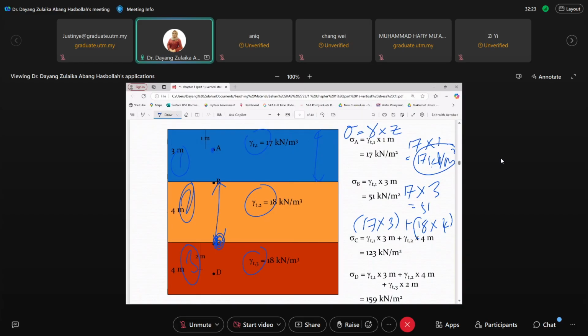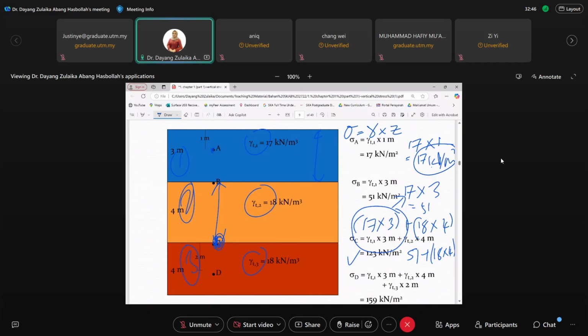As you can see, this part we actually take from the previous one. So you might as well write it like this: 51 plus 18 times 4. So you also get 123 kilonewton per meter square. Remember to include the previous layer.